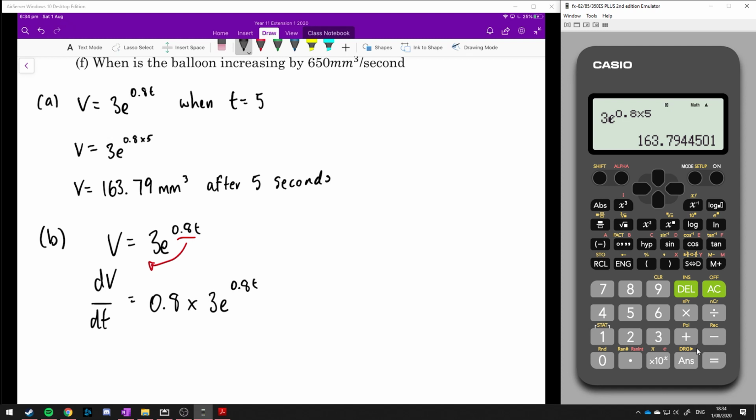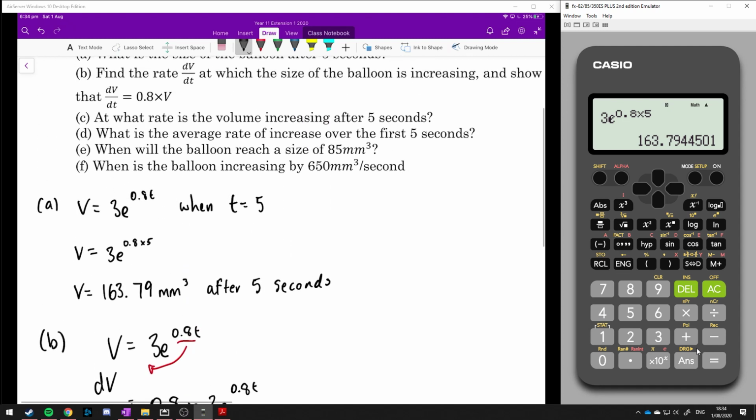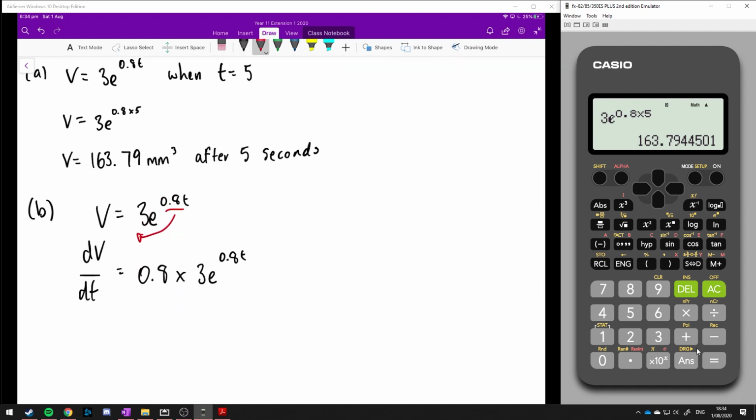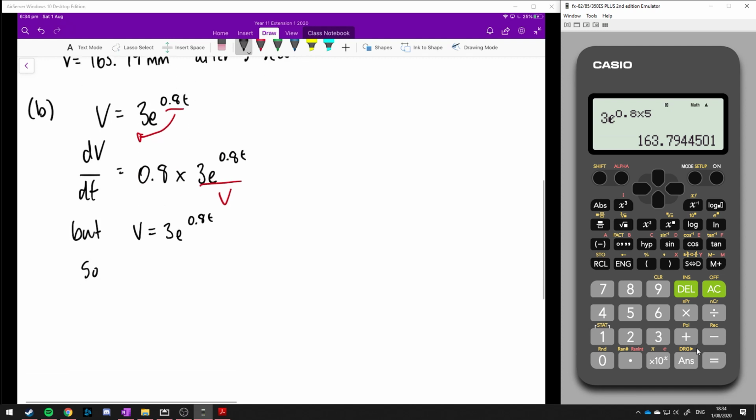We could also do the chain rule to work out that one, but I don't think that's necessary. Now that's the first bit, but what we want to do is show that dV/dt is equal to 0.8 times V. Well, what we can see is that 3e to the 0.8t is just equal to V. So dV/dt is just equal to 0.8 times V. And there you go. Nice and easy.